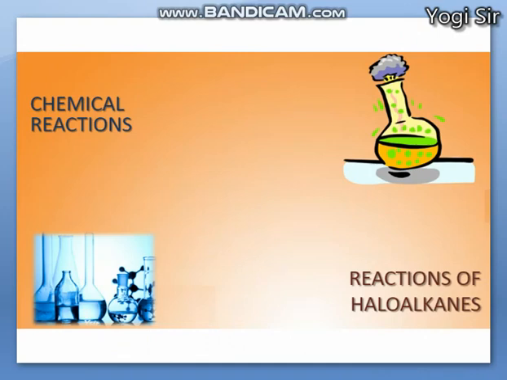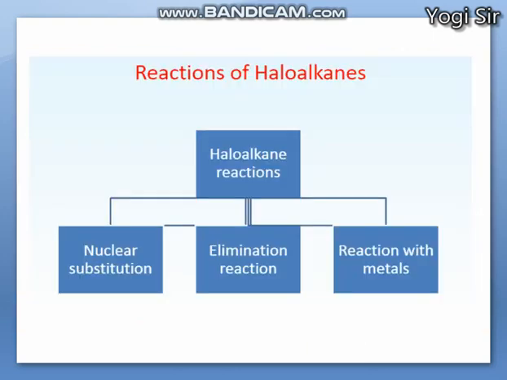So we'll study the chemical reactions of haloalkanes. There are three major types of reactions in haloalkanes. First is nucleophilic substitution reaction. They are known as SN reaction or NS reaction in short.